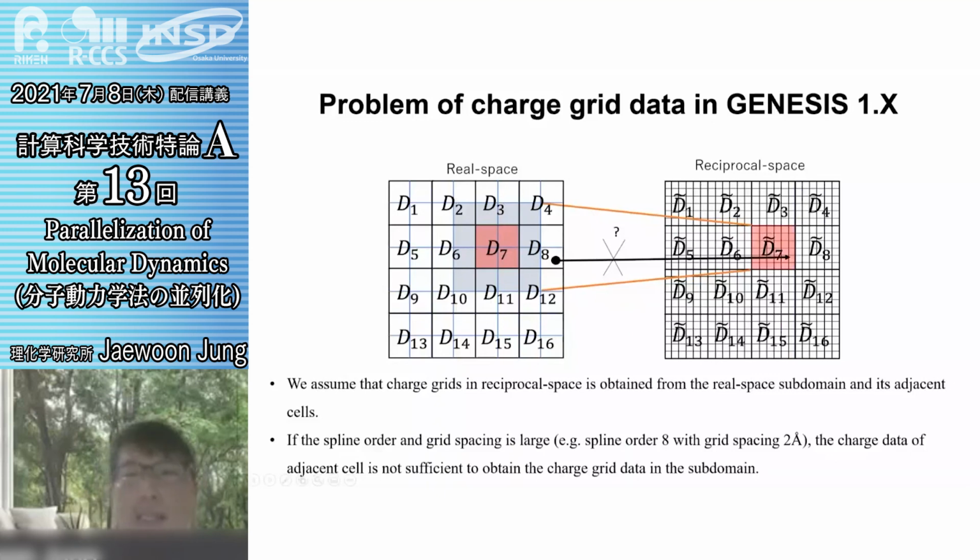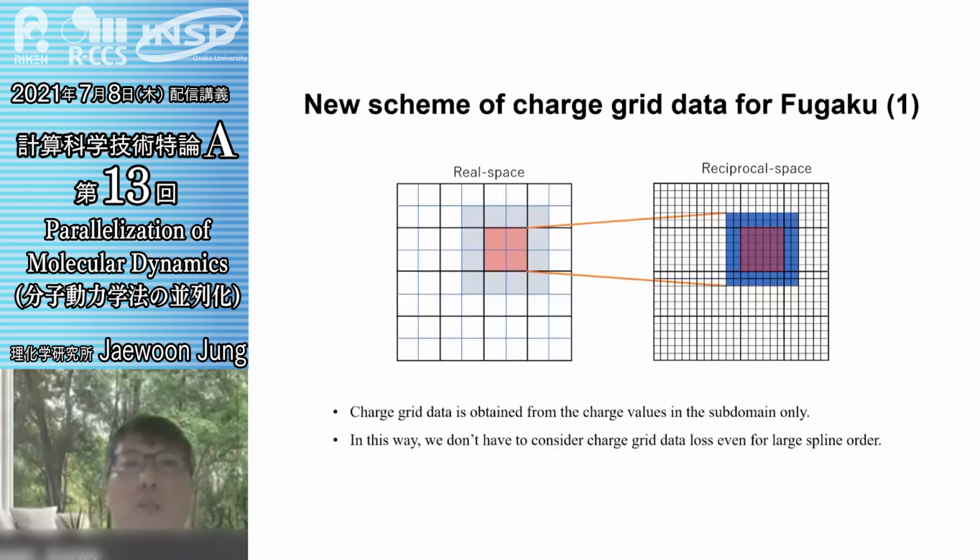So in our case, we changed the scheme of charge grid data evaluation on Fugaku. First of all, we don't consider the charge grid data from this buffer region. We only generate charge grid data from this subdomain region. Then we may generate the charge grid data in this way.